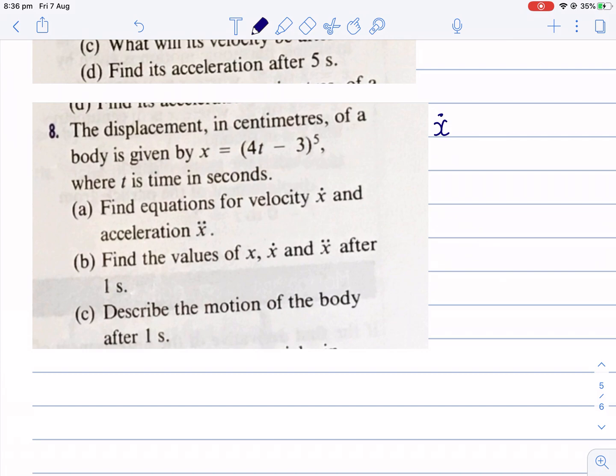For x dot, so for velocity, we've got 5 lots of 4t take 3 to the 4, times that 4 on the inside. So we've got 20, 4t take 3 to the 4.